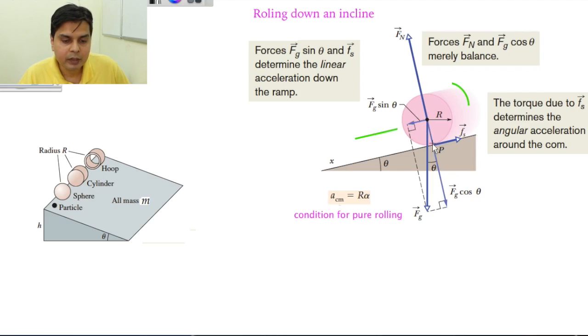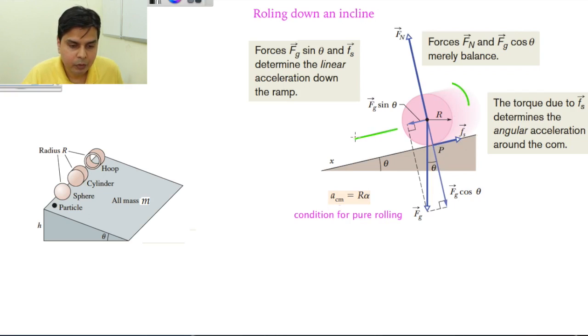When there is a tendency on this object to slide downward, the direction of friction on this object is upward. Got it? And this upward force of friction provides the required torque.